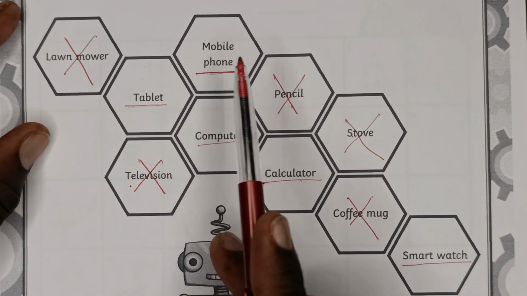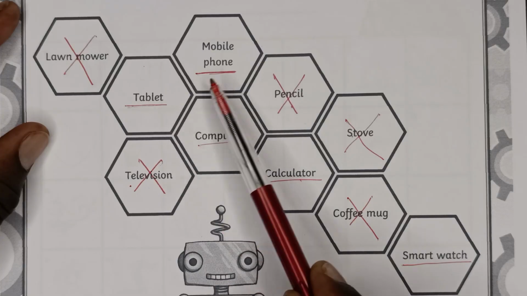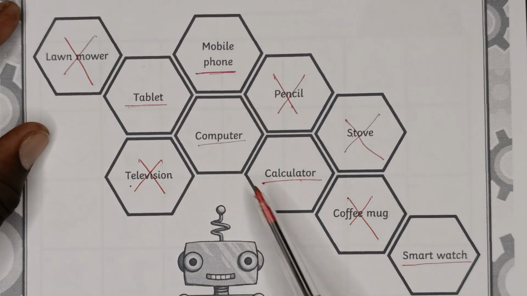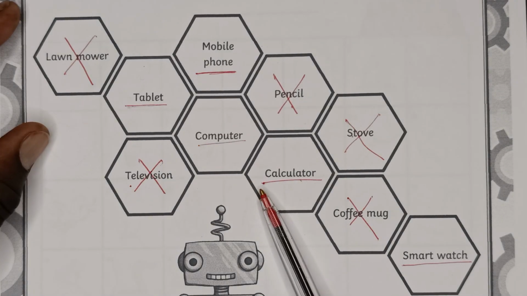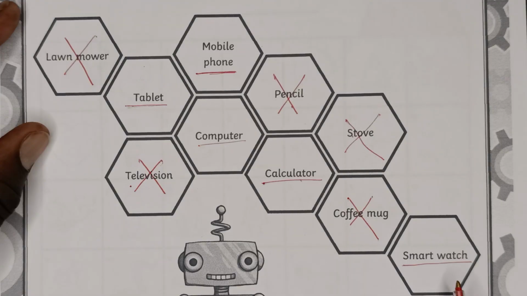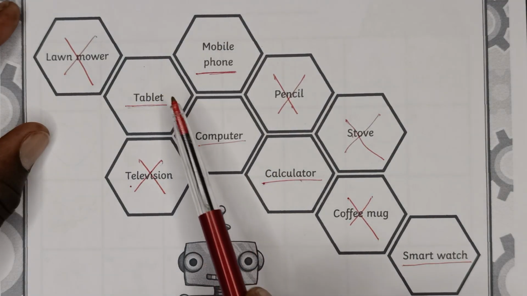So computing devices, you can use them to compute, to add, subtract, multiply, and even divide. If you look at all these, you can use them to do your maths.